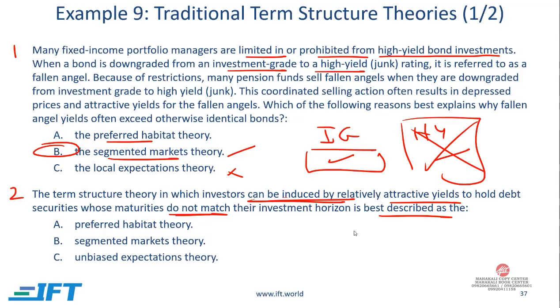So the investors have certain preferences in terms of what yields they want, but they can be induced to move into another segment. This is the preferred habitat theory. And the idea here is that there is a preferred habitat, but it's only a preference. If the yields are more attractive next door, sort of in the next segment, then investors might hop over to the next segment.